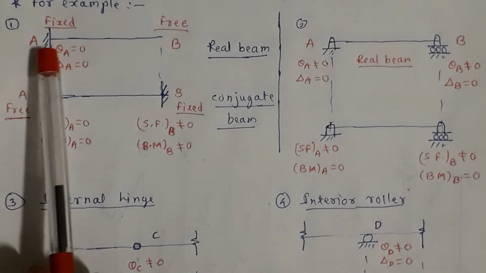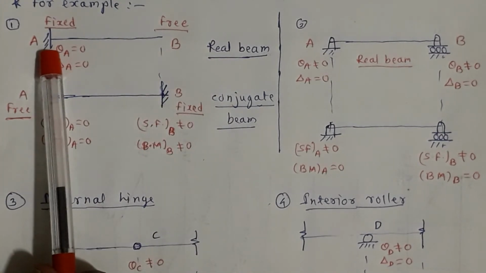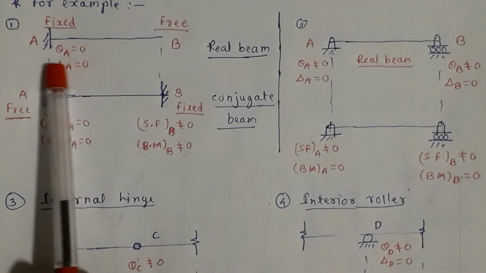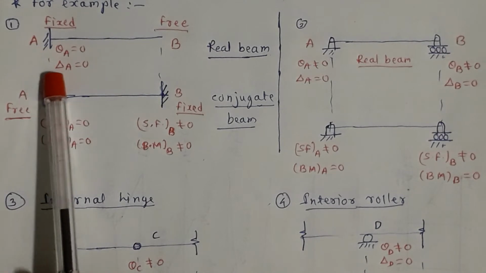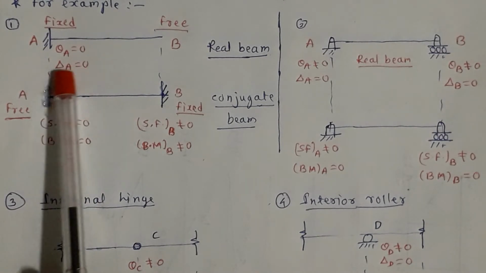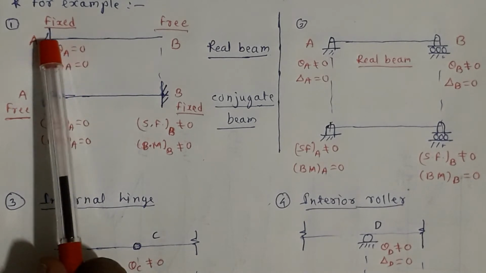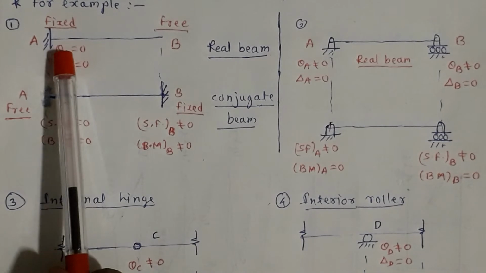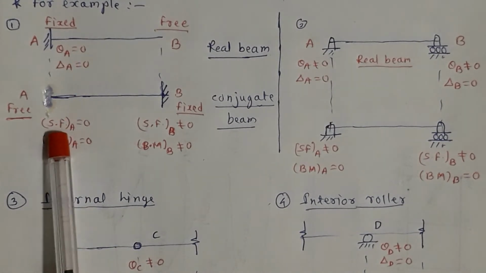Now support A. In the case of the real beam, support A is a fixed support, and for a fixed support I know that the slope is 0, that is theta A is 0, and the deflection at A is also 0, that is delta A is also equal to 0. So theta A and delta A both are 0 at A for the real beam. But again, the slope at A in the real beam is nothing but the shear force at A in the conjugate beam.